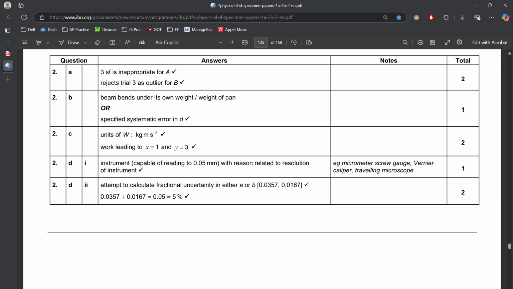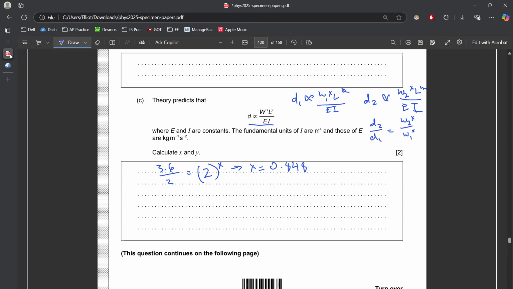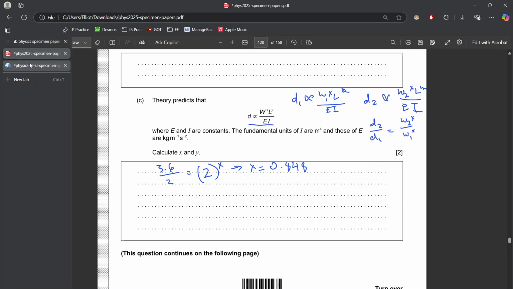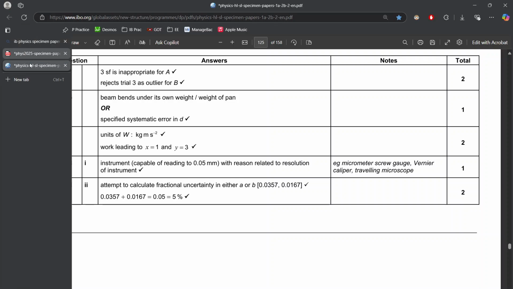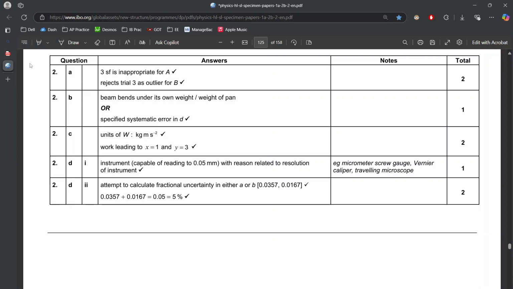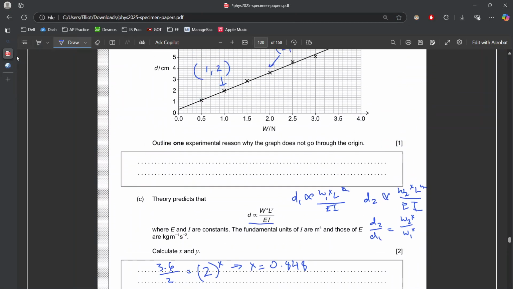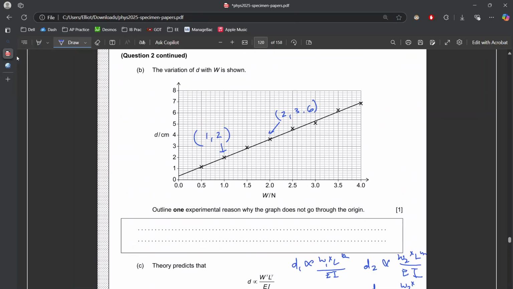Work leading to x equals, wait, we need units? Wow, okay. Work leading to x equals 1 and y equals 3. Alright, I did not get that. Huh, why? I mean, okay, I guess I can see it's linear, so maybe it should just be 1. That makes sense.